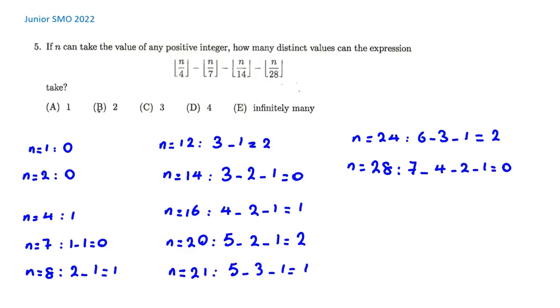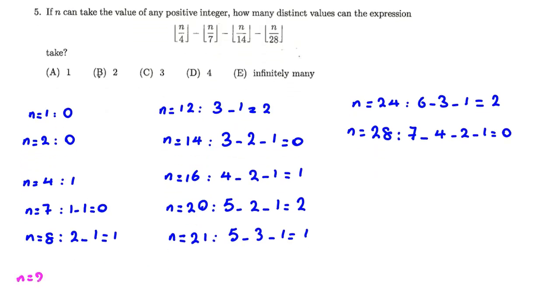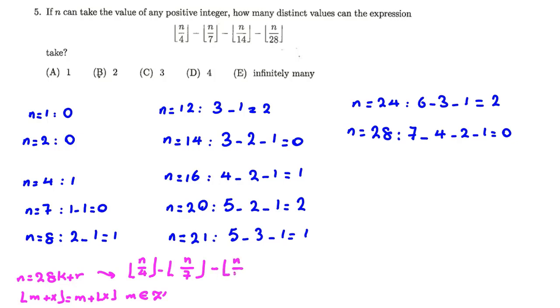28. Consider n equal to 28k plus r. Let me tell you one important thing: if m is an integer and x is a real number, we can take the integer outside the floor. So if n is 28k plus r, then floor of n over 4 minus floor of n over 7 minus floor of n over 14 minus floor of n over 28 is equal to what?